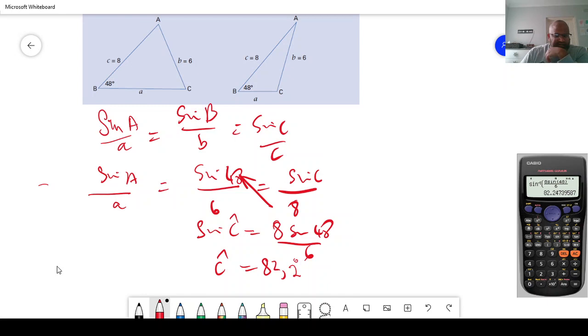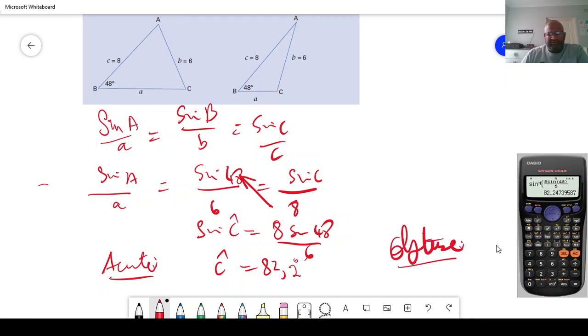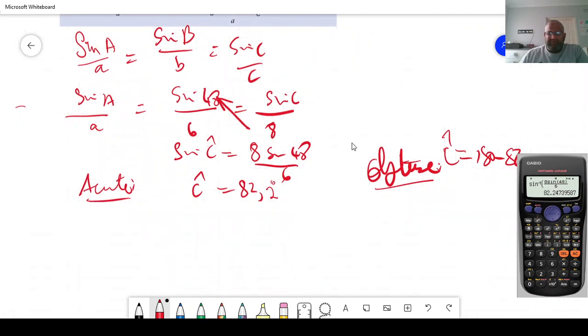If it's acute, it will be that. If it's obtuse, angle C is going to be 180 minus 82.2.